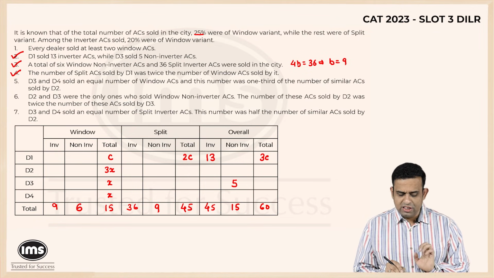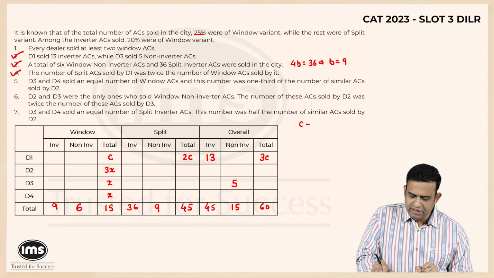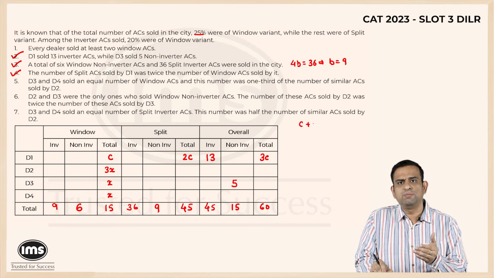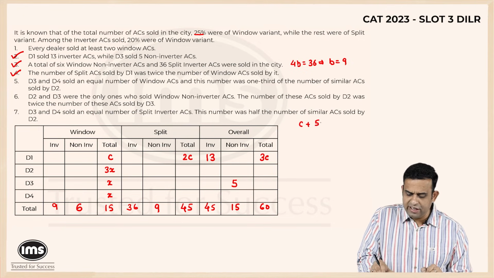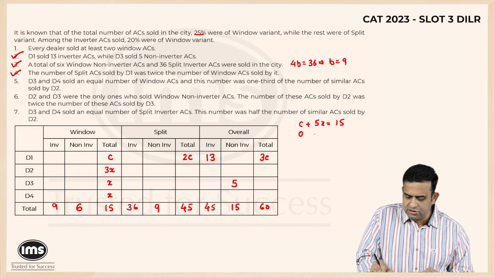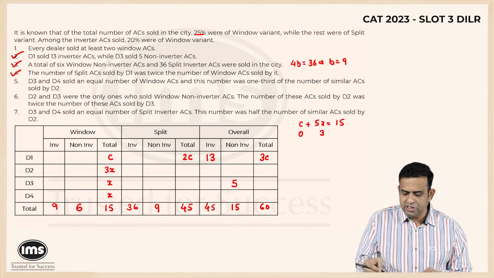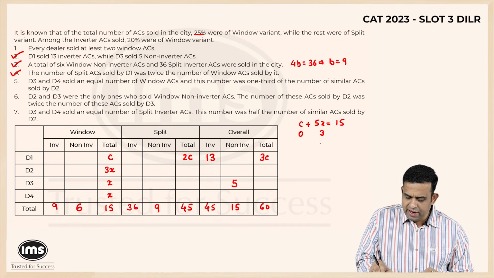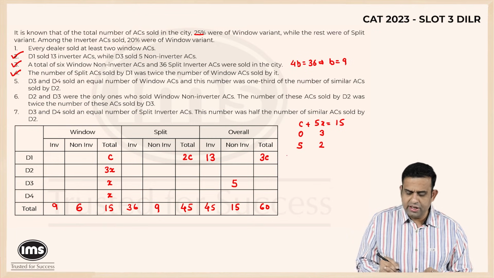Now if I look at this particular column, C plus 3x plus x, giving you C plus 5x, is equal to 15. Solving for this, the values could be 0 for C and x as 3, or x as 2 and C as 5.